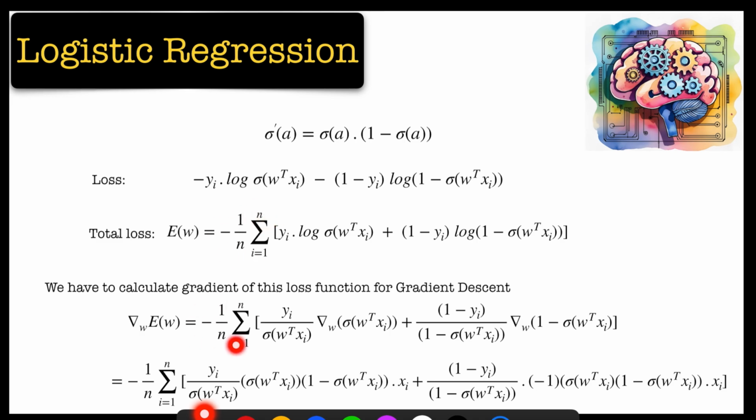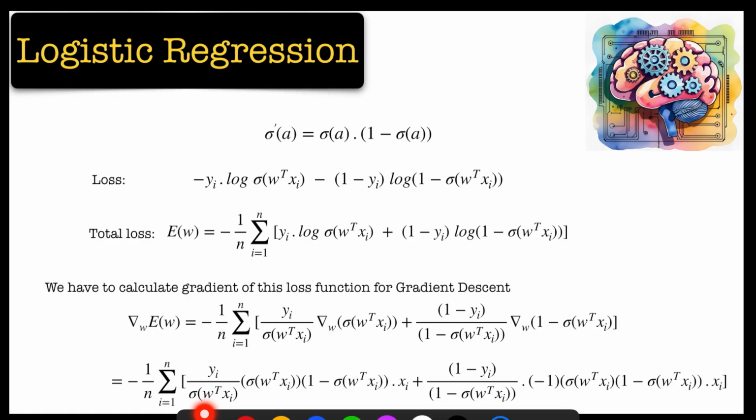This whole summation will come here and then take the gradient of this part. We are taking the gradient with respect to w, the weight, right? So yi will be here. The gradient of this log thing will be 1 over sigmoid of w transpose xi. Then we have to take the gradient of this sigmoid, plus again we'll get 1 minus yi, then the gradient of this log, that will be 1 over 1 minus sigmoid of w transpose xi.